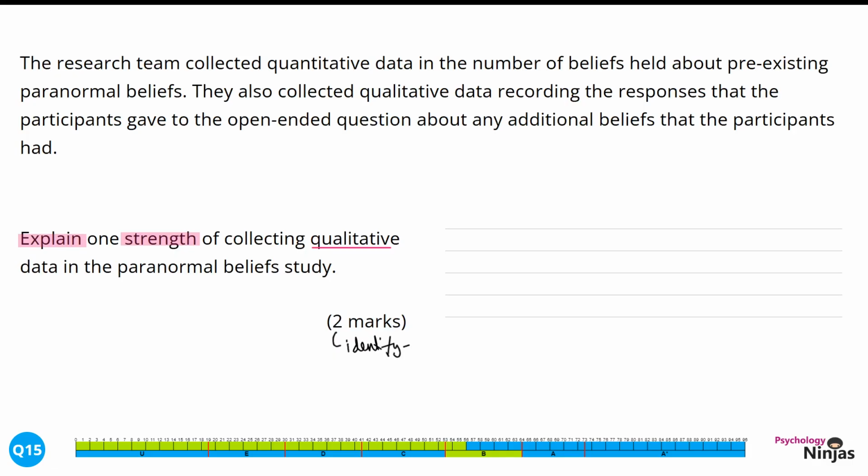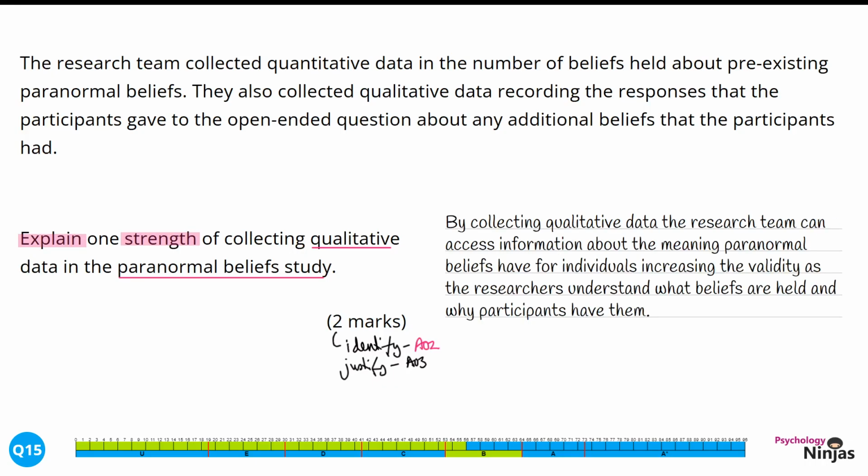Because this is a STEM question, that strength needs to be linked into the paranormal belief study. Therefore, this becomes an AO2 mark. Our second mark is then to justify that, to say why that is a strength for this particular piece of research. Time to have a look at a response.